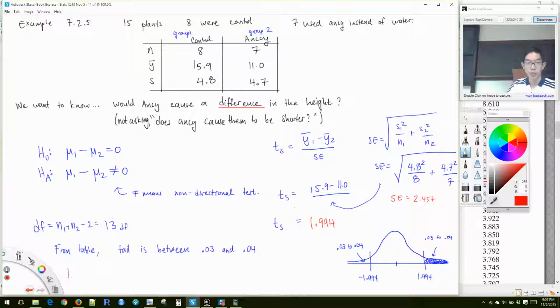And so what we have is that my p-value is equal to my total tail area. How much would I have in both tails combined? It's not an exact value, but I do know that that number has to be total tail area is between 0.06 and 0.08.